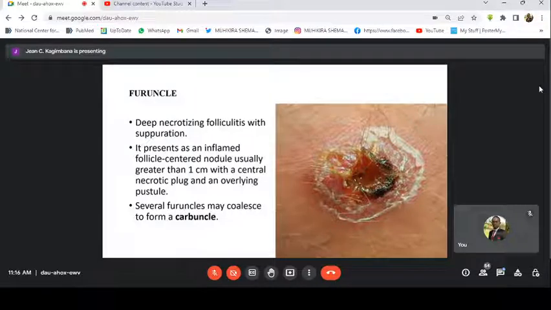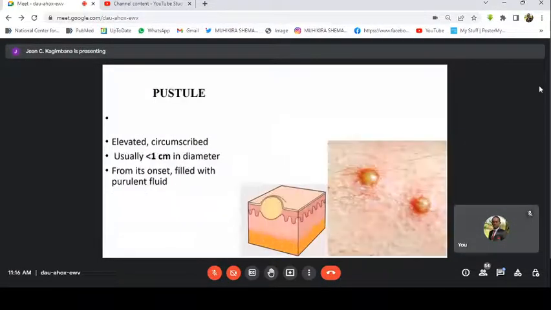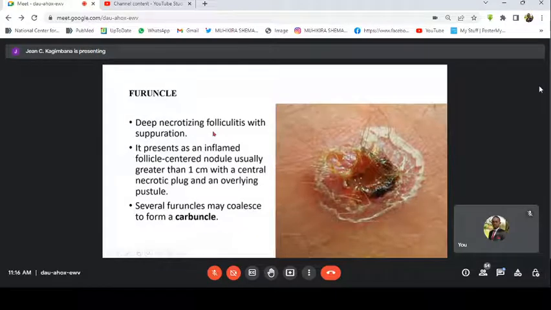The folliculitis is like a pustule centered by a hair. When the hair necrotizes, it becomes what? A furuncle. Clear? And always it's less than 1 centimeter. Of course, when several furuncles coalesce to form one unit, it's a carbuncle.